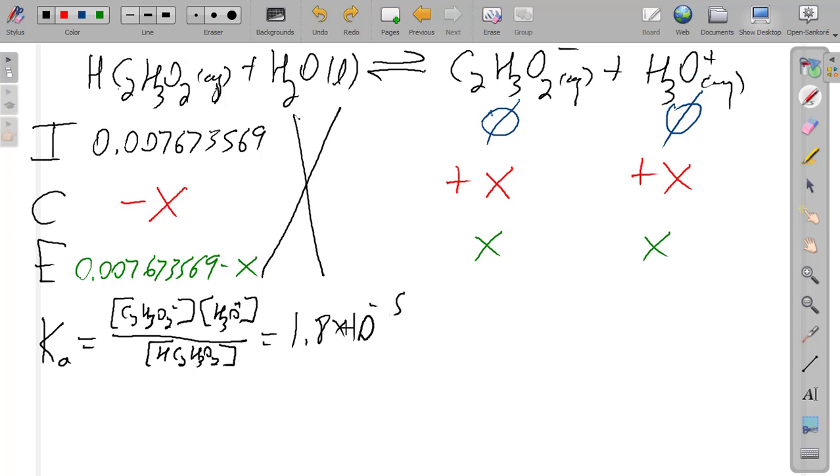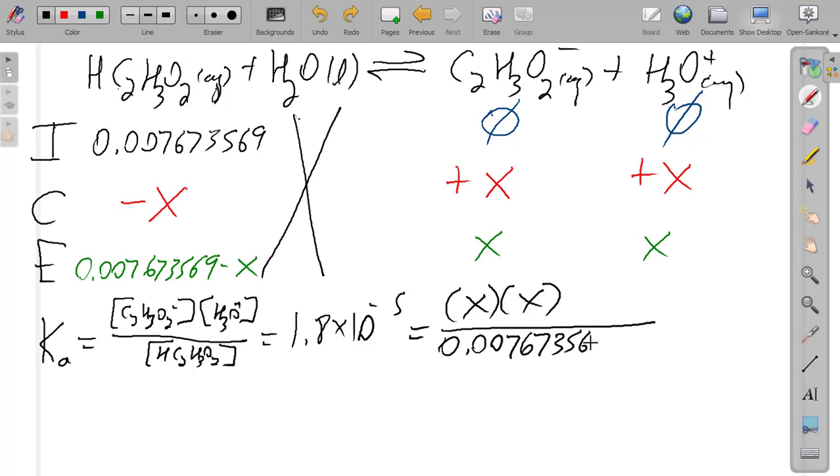Now we can plug that in, and we can see that we have X times X in the numerator, because each of the acetate and hydronium is X. And for the acid, we have 0.007673569 minus X. Wow, this looks like it's getting set up for a quadratic, doesn't it?